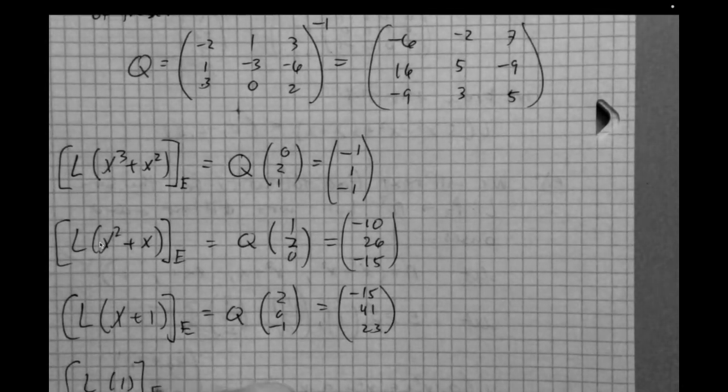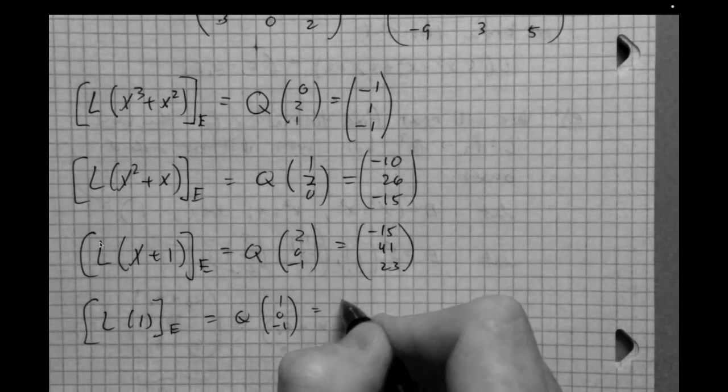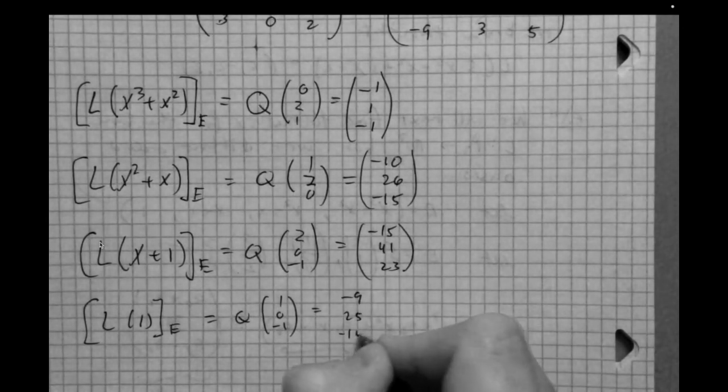And finally, L of 1 coordinatized in E is Q times (1, 0, -1), which is (-9, 25, -14).